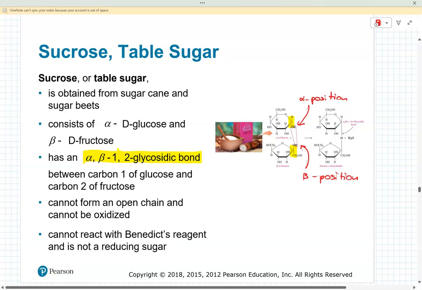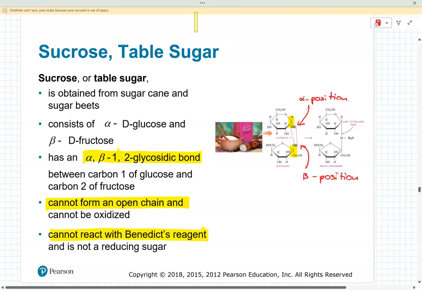Okay? Now, an important feature about sucrose. Sucrose cannot form an open chain. Am I making sense? Which means it cannot have that free aldehyde group and cannot react with Benedict's reagent.